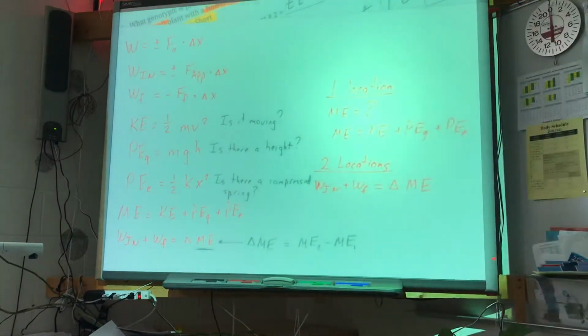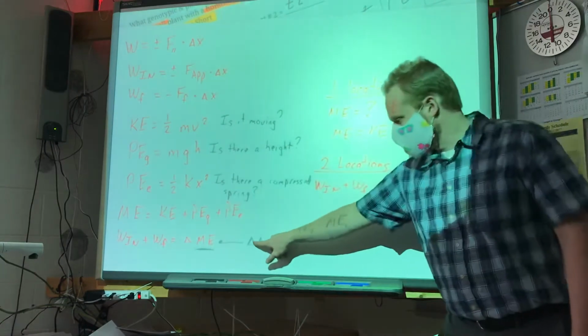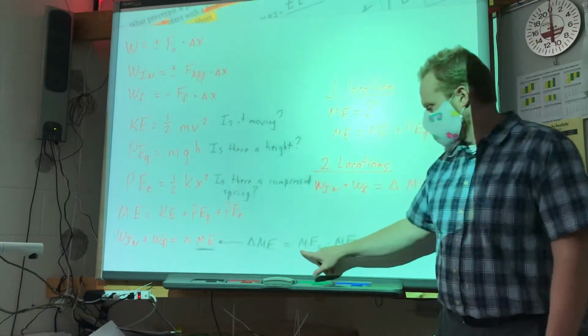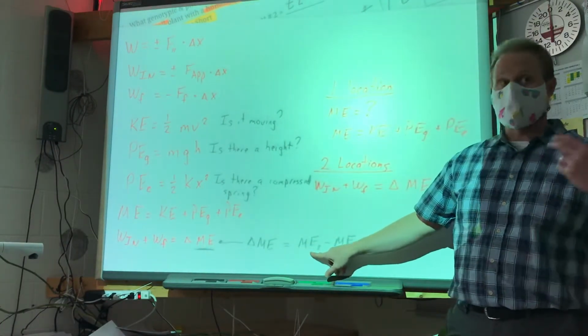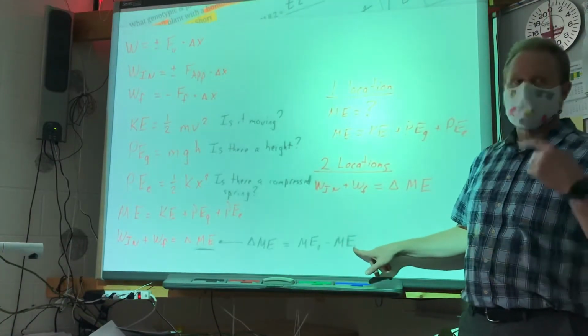So just like in chemistry when they talked about a change in temperature, or we talked about a change in position, it's your final minus your initial. So when we talk about change in ME, we're talking about change in mechanical energy. We're saying my mechanical energy at location 2, my final location, minus my mechanical energy at my first location.